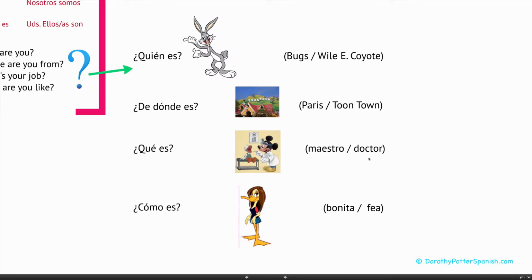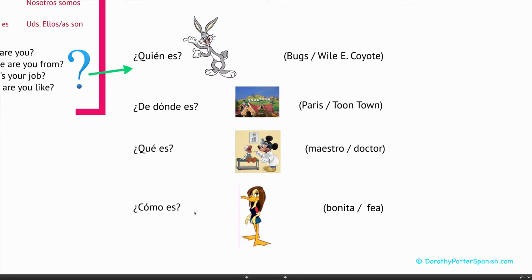Mickey es un doctor. ¿Cómo es? Es bonita. Or some of you in class said fea. But anyway, she thinks she's bonita, pretty, not fea, ugly. Okay? Great. Who is it? Where is he from? What is he?